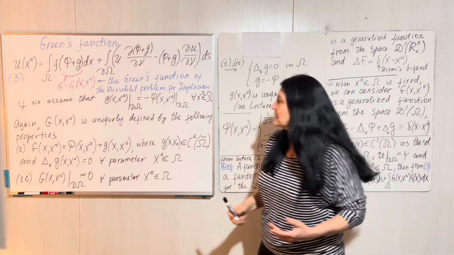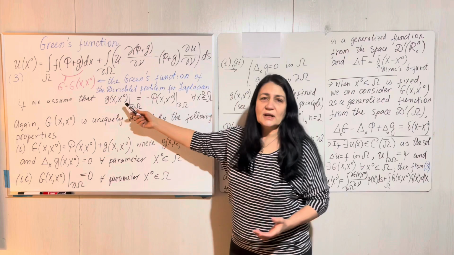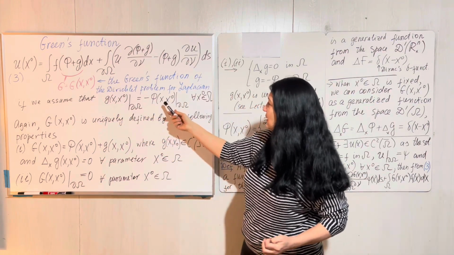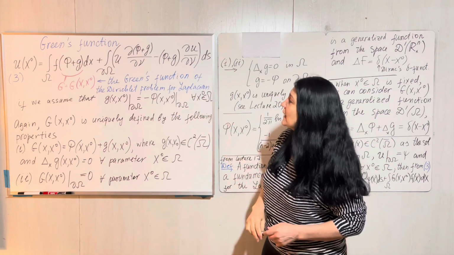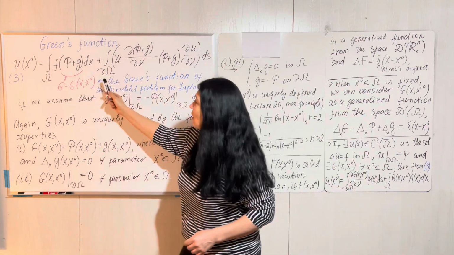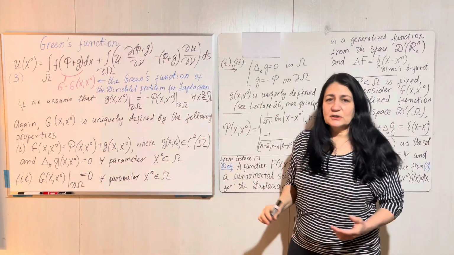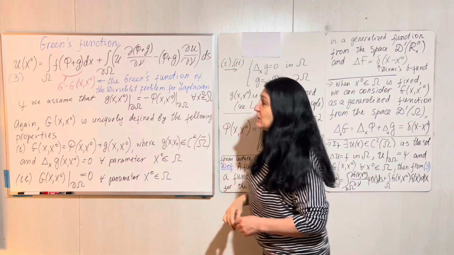And then if in addition we assume that our little g on the boundary equals negative φ for any point x naught in omega, then this function is called the Green's function for the Dirichlet problem for the Laplacian.